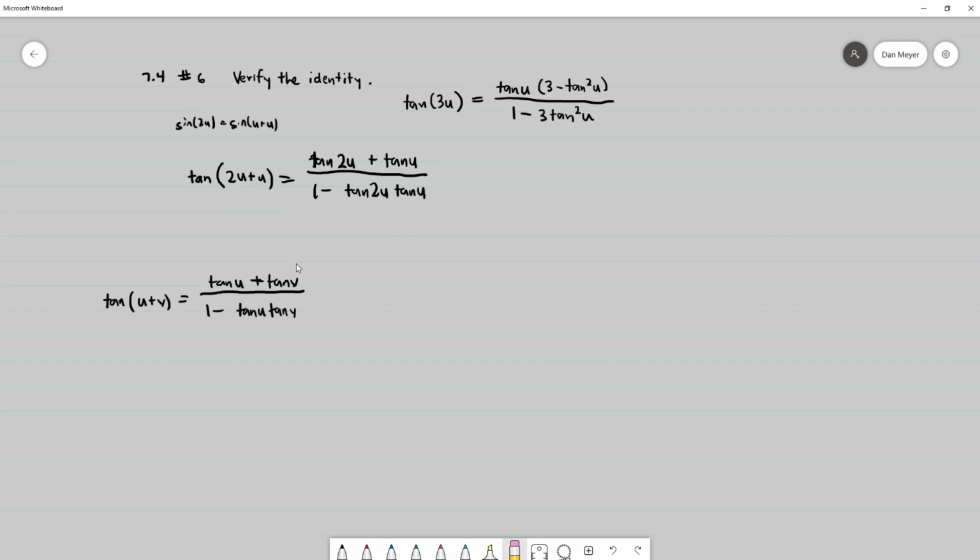All right, so there's our first step here, and then our second step would maybe use the double angle formula for tangent on both of these terms and see what happens. So let's go ahead and do that. Our double angle formula for tangent, there's no point in writing it down twice, is 2 tangent u all over 1 minus tangent squared u.